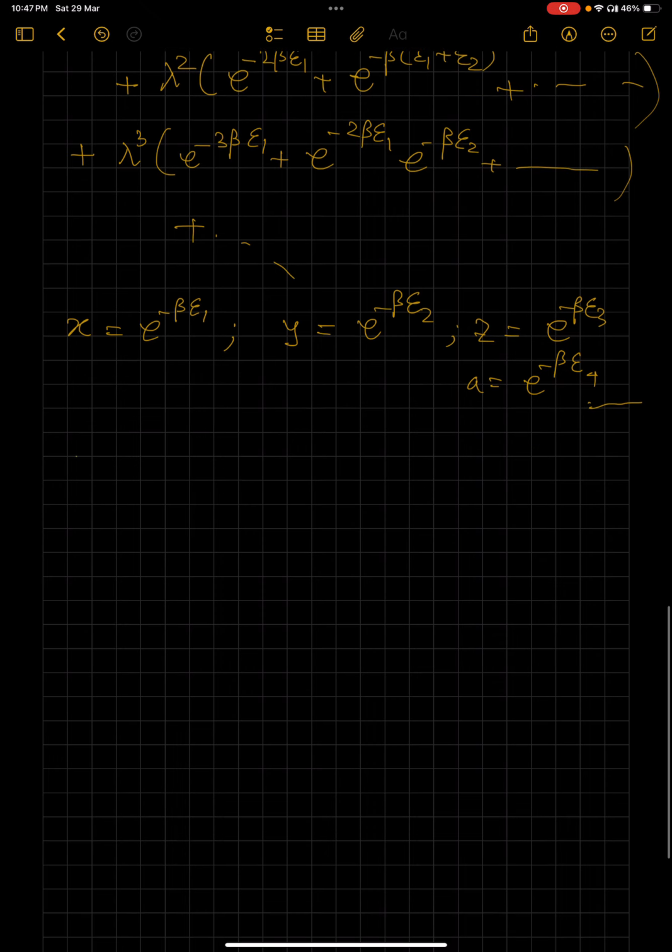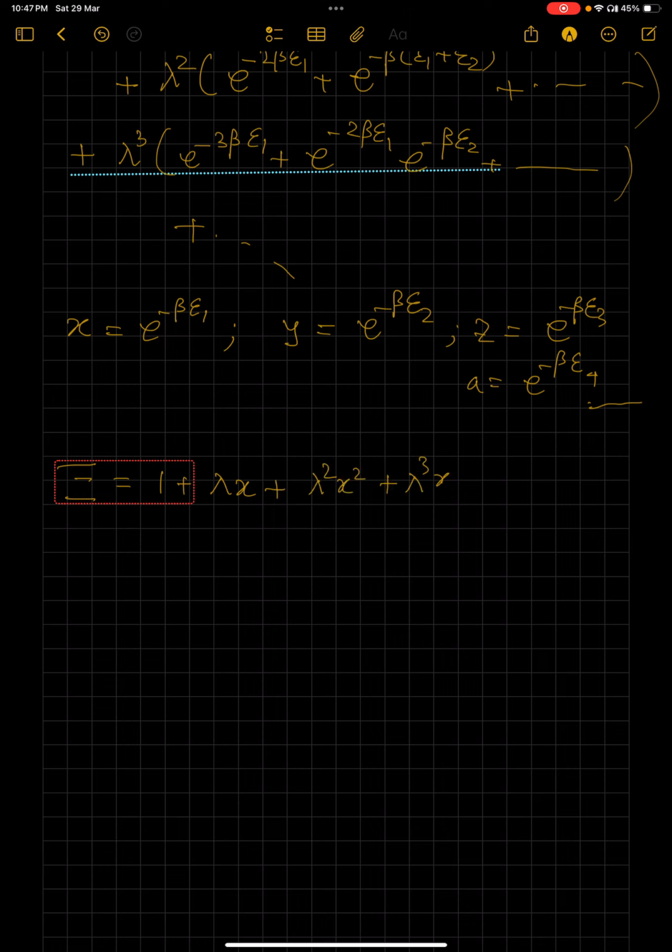And then you will see that this can be written as 1 plus lambda x plus lambda square x square plus lambda cube x cube and so on.